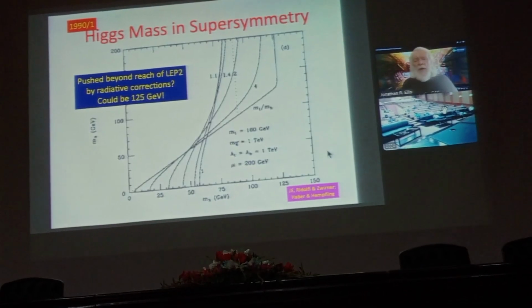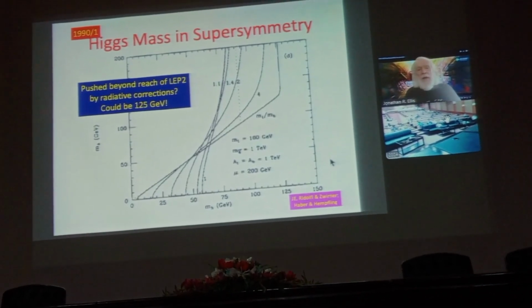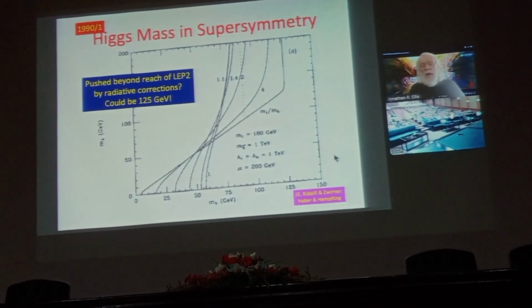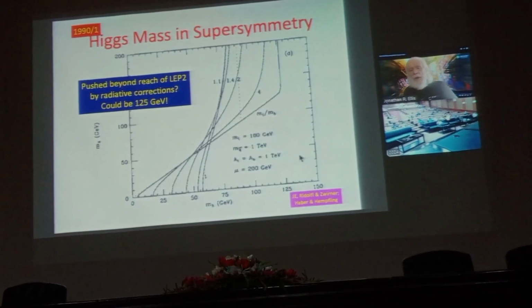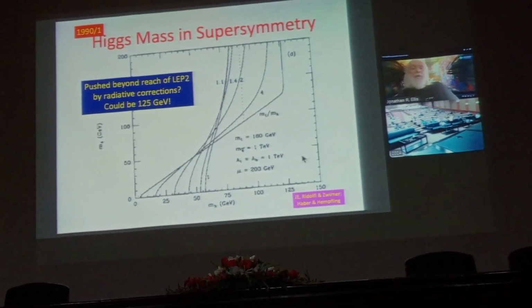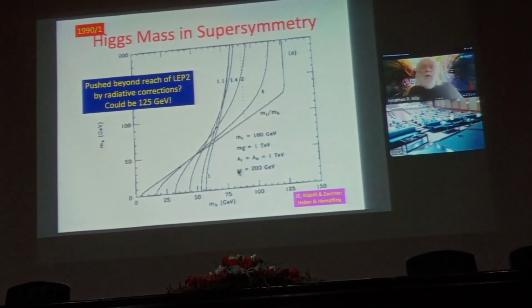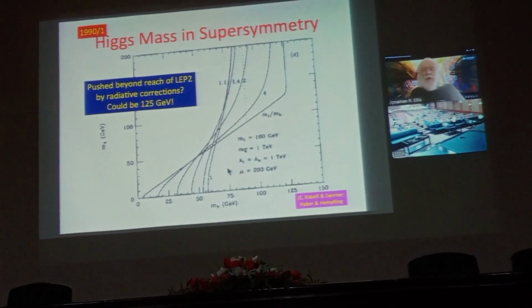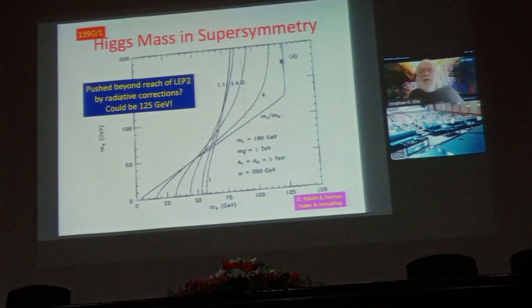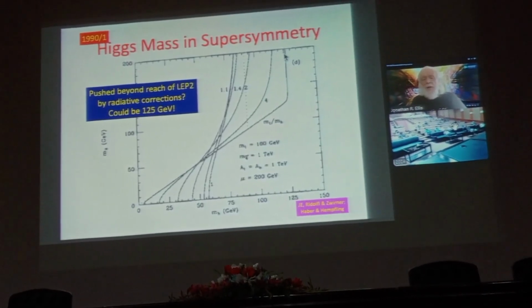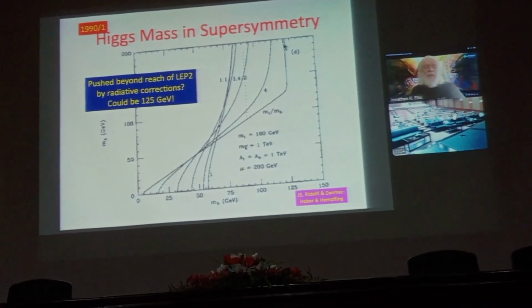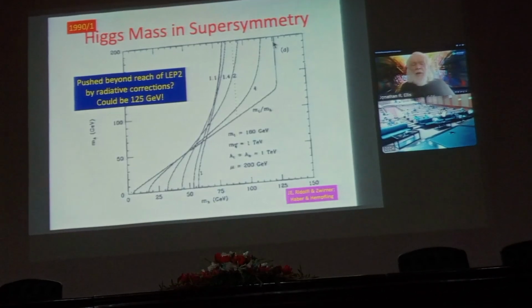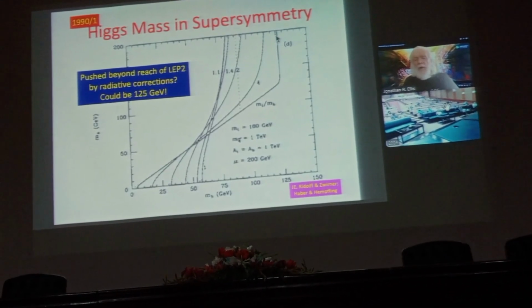This is something that we realized around 1990, 1991, and here is a prediction from those days of how heavy the Higgs boson might be as a function of the parameters of the model. And you see that the maximum value is 125 GeV, which we all know now is indeed the mass of the Higgs boson.